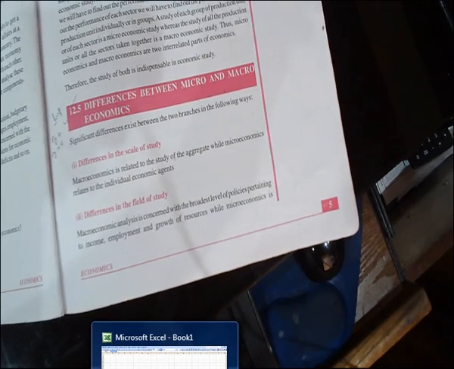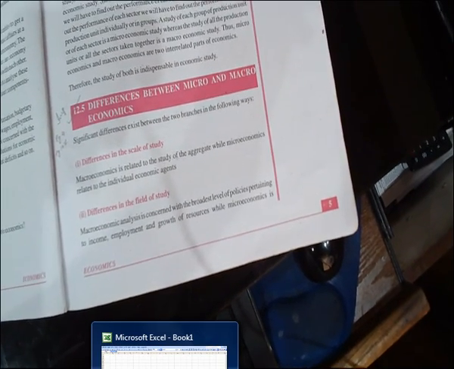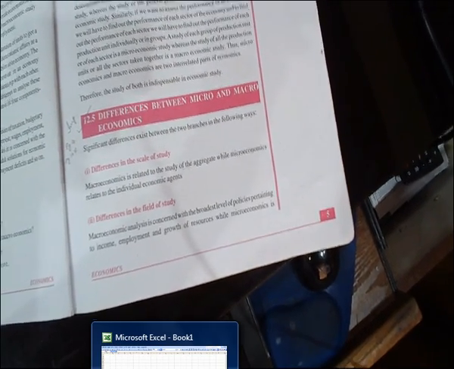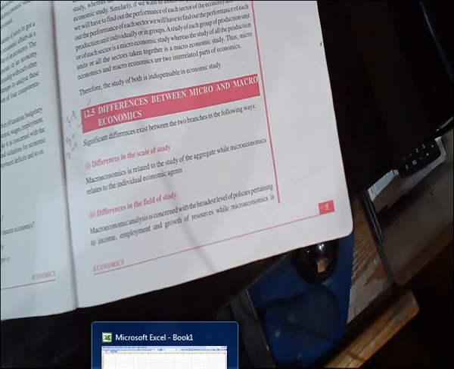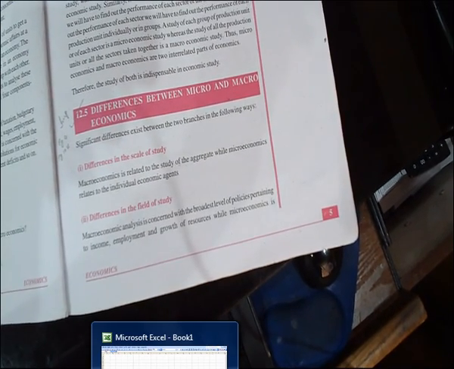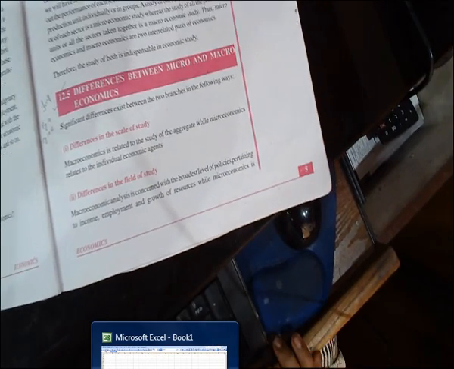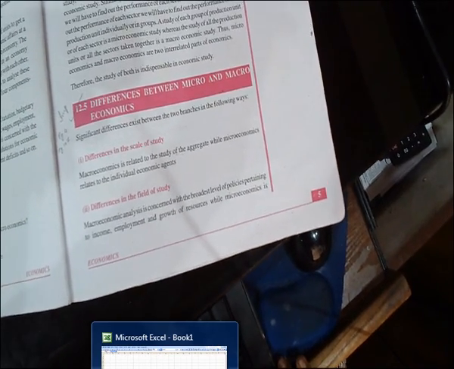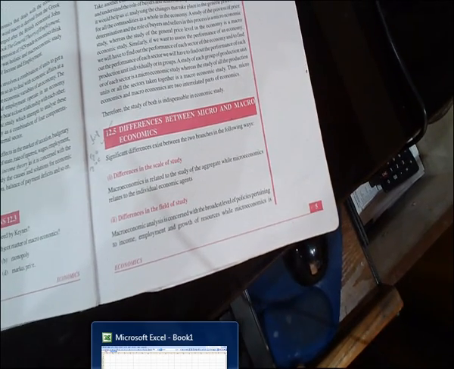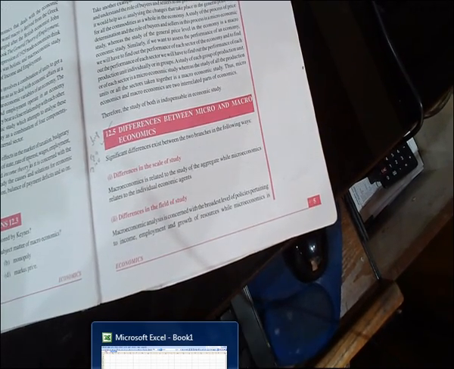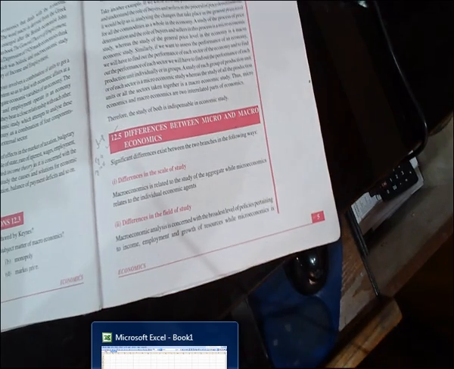Next one, differences in the field of study. In macroeconomics, we are studying the broadest level policy pertaining to income, employment, and growth of resources. It is related to our whole economy.